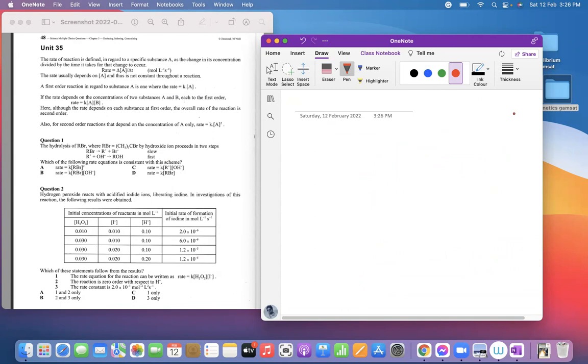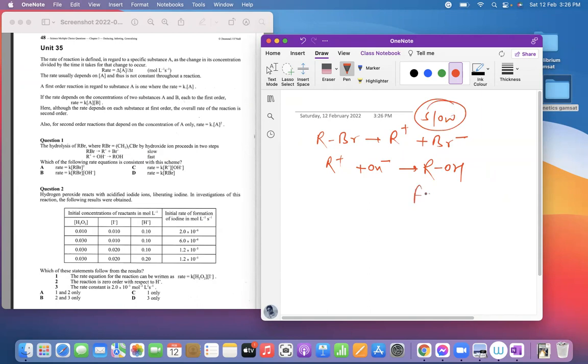Why? Because if you look at the slow step, I can write here RBR going to R plus BR negative, and then R plus OH negative gives ROH, and then there is a rate. So if you look, the top step is your slow step, and the one below is your fast step. And I told you that the rate determining step is the slow step.